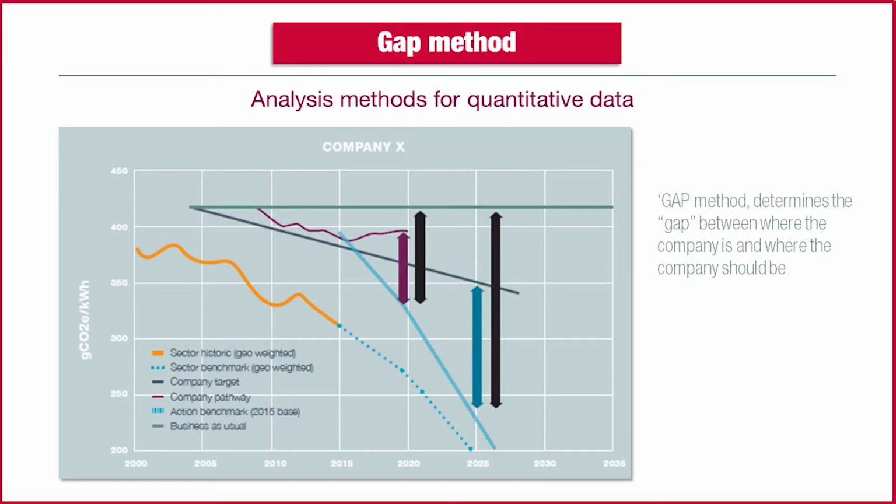Now that we have seen what the scores are, let us briefly look at 5 different scoring methods developed to create the scores. For the quantitative indicators, 3 main scoring methods are used. The gap method, that measures the gap at time t between the company's performance and the level of performance expected in the 2-degree scenario.